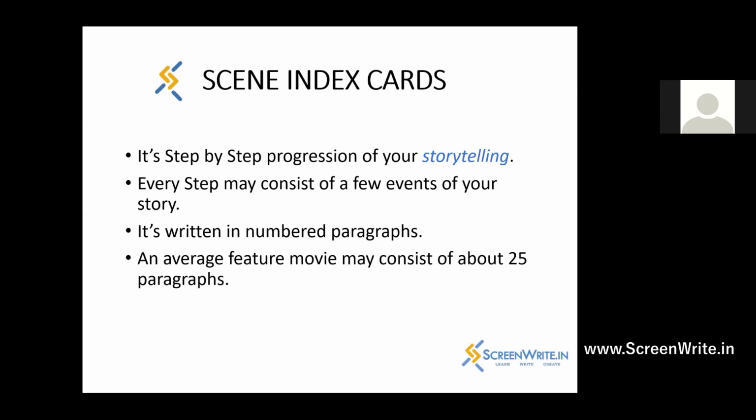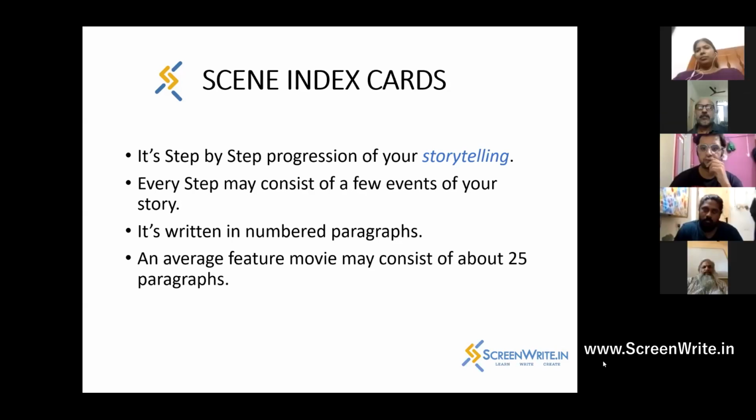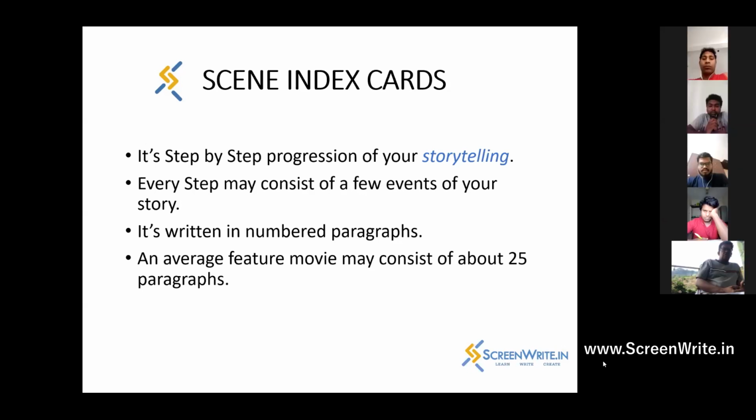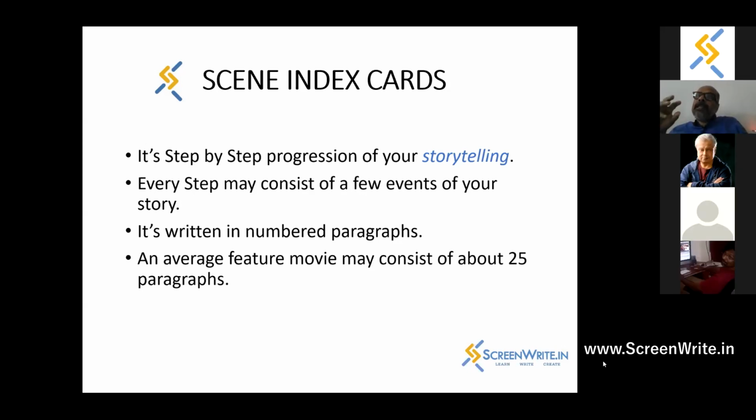So you have to differentiate between the step of storytelling as a tool and how to define that step. A step may consist of a few events. Usually these events are written in paragraphs.